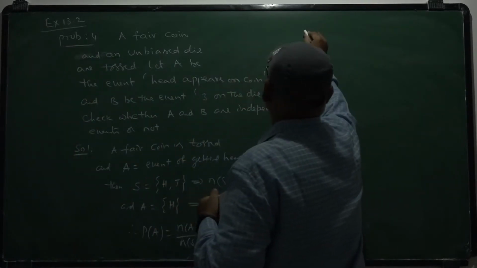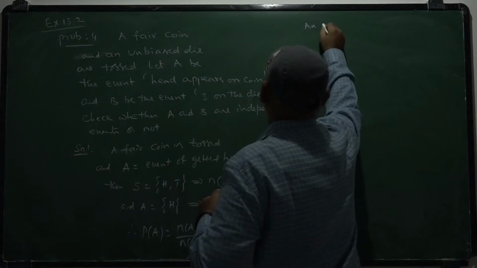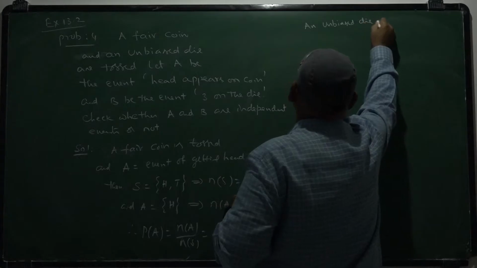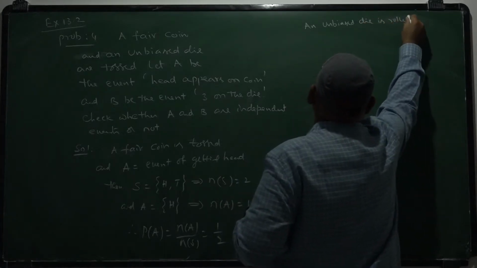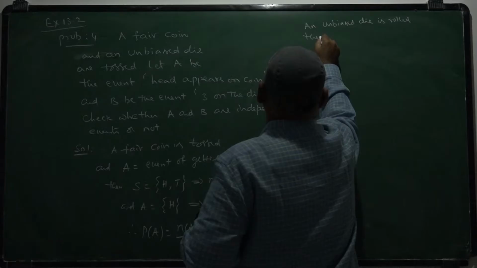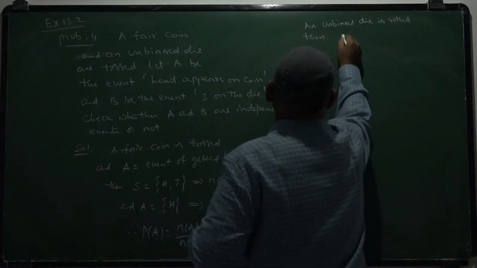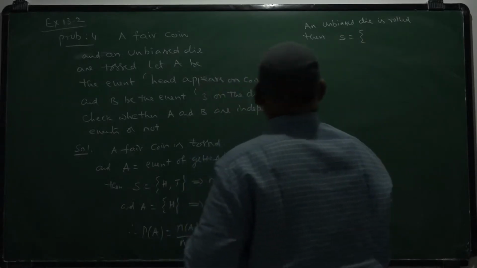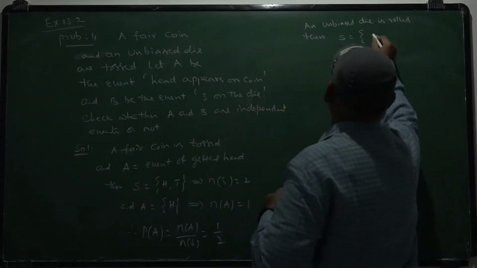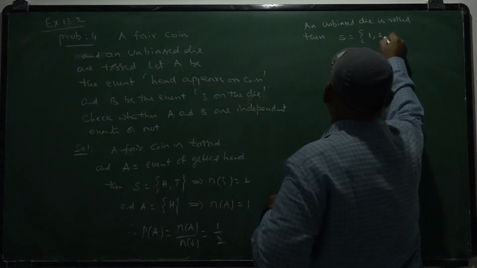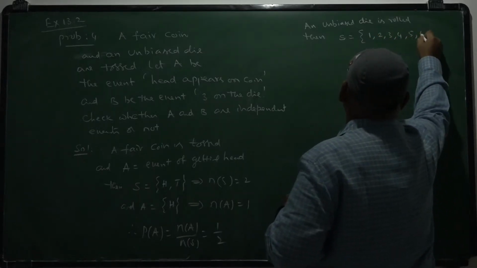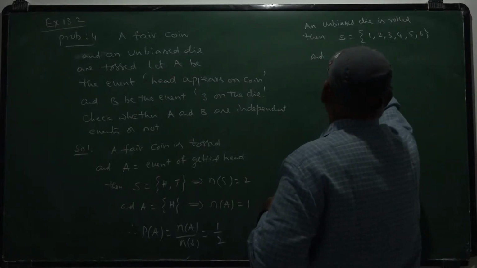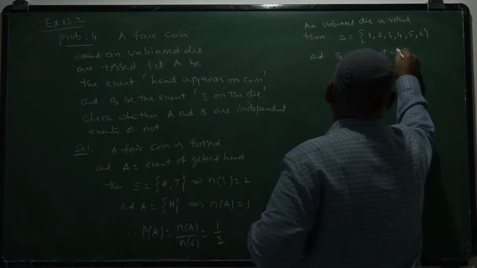Next, an unbiased die is rolled. The sample space is getting 1, 2, 3, 4, 5, 6, and B is the event of getting 3.